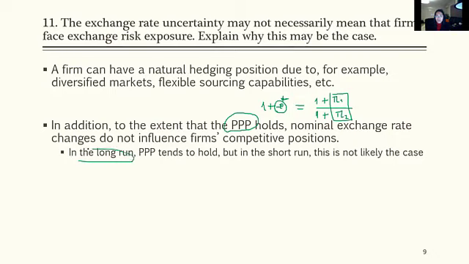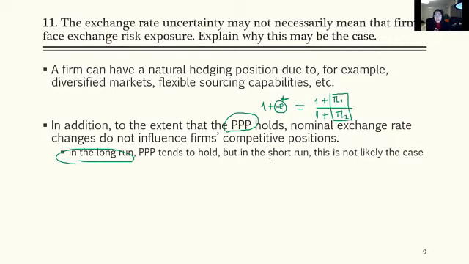So in the long run, when we allow the PPP to be corrected, so when all the changes are nominal, then there will be no difference to the firm's operating cash flows because there's no change in competitive position, right? However, the problem here is that in the short run, so we're talking about even a 3-year horizon, the PPP might not hold.